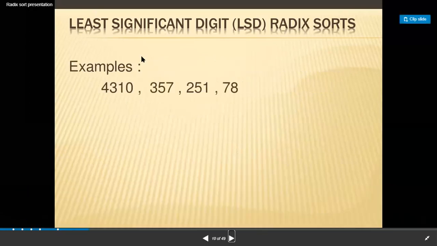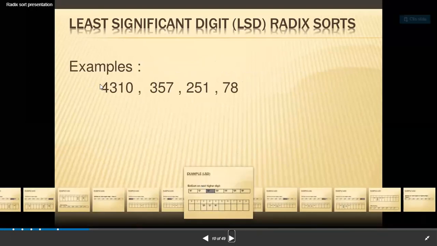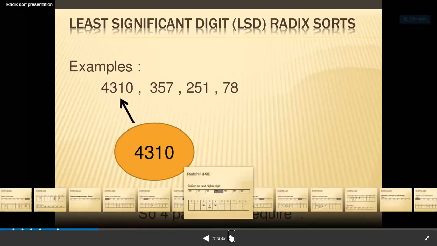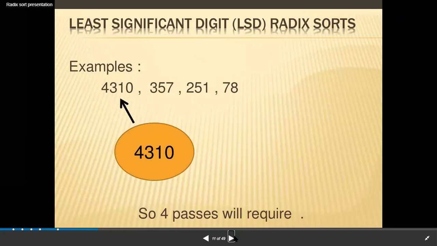If you have these numbers in the array, the number of iterations you will need is 4, because out of all the numbers you see here, this one is the largest. It has 4 digits, 1 2 3 4, and that's why you will need 4 passes in Radix Sort.